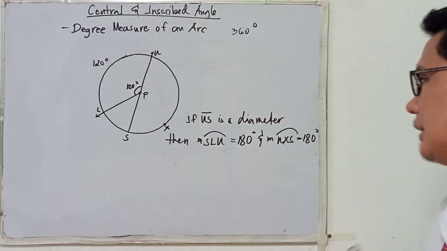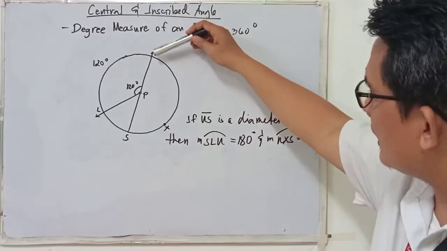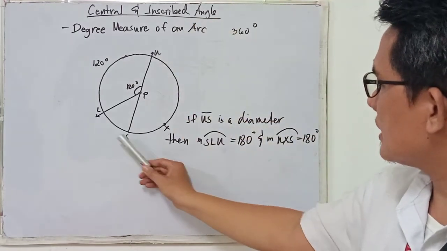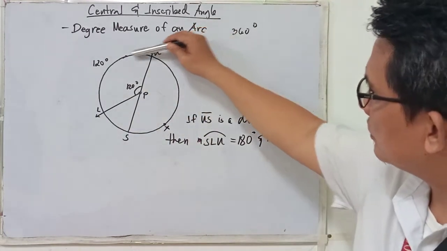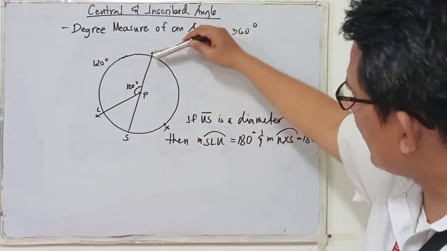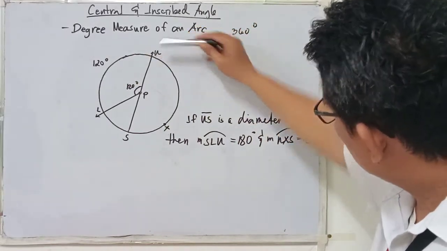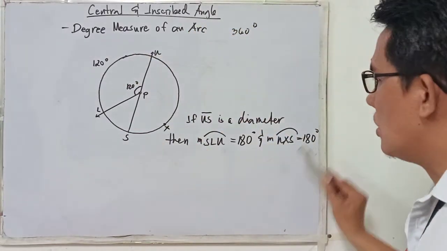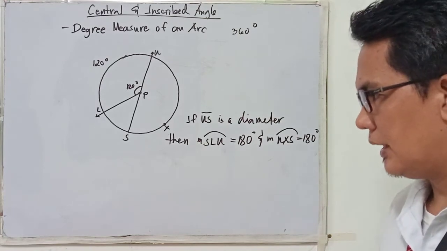That is 180 degrees. Therefore, SLU is 180 and UXS is also 180 degrees.